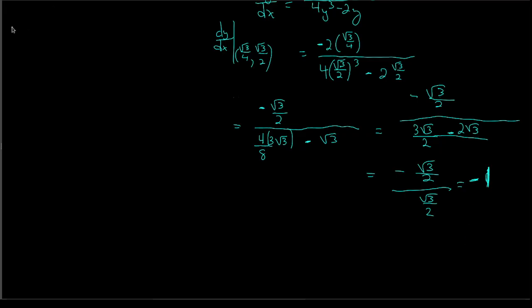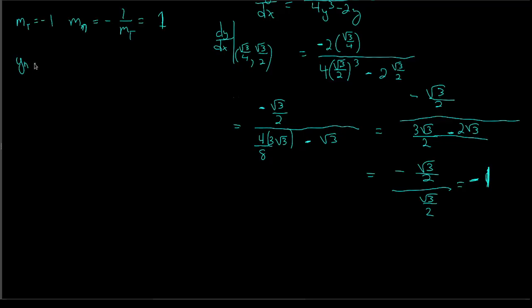Okay, I'm going to bring it over here. So if my slope of the tangent line is negative 1, then my slope of the normal will be negative 1 over the slope of the tangent, or it's going to be positive 1. So this means that I can find my normal line.